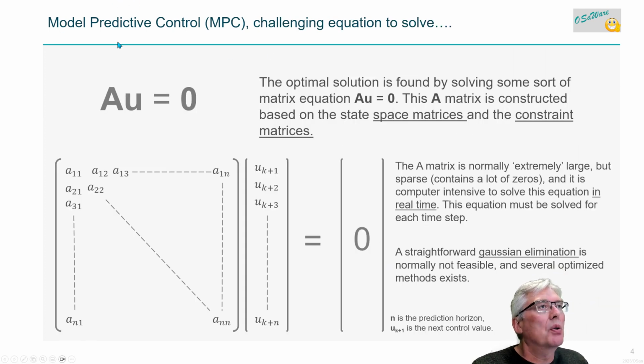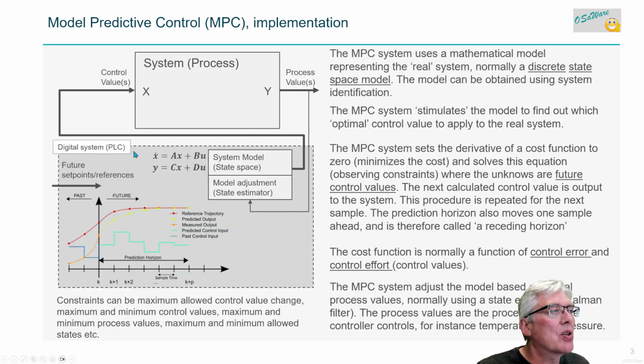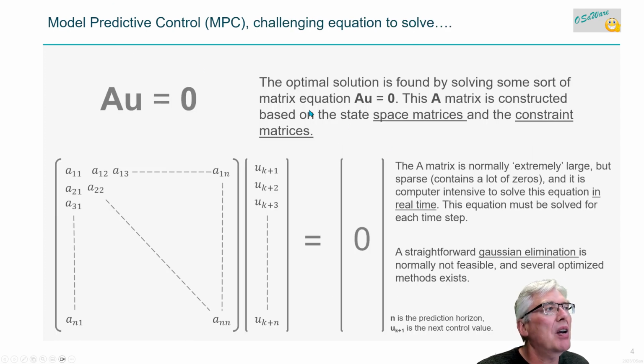So when I do the manipulation of these matrices and the constraint matrix or whatever, I end up with a huge matrix with these future control values. So I want to optimize for all of these. This equation, it's a differentiation or an equation or stuff like that, but I want to solve it for zero. So I should put values in here so that I've solved this.